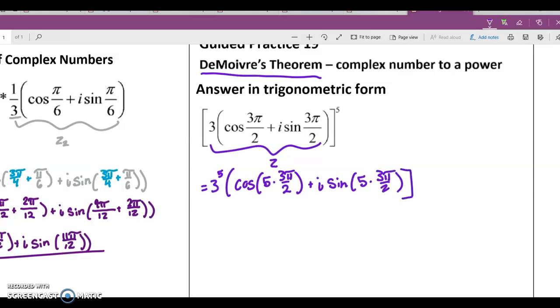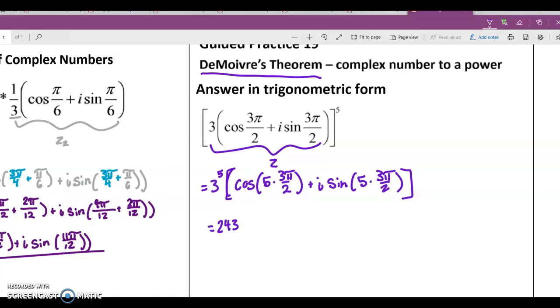The only thing that is kind of a catch is that your test for this is going to be on Schoology, so it's going to be multiple choice. So you are going to need to simplify this. So 3 to the 5th, what would that be? 243. I have a calculator with me, I didn't do that in my head.